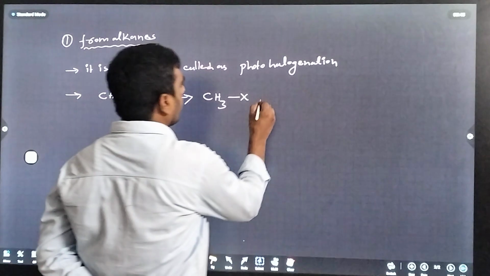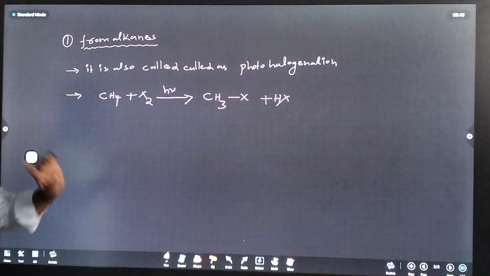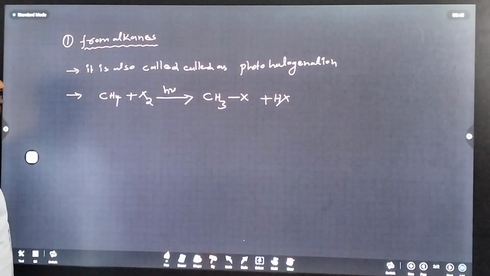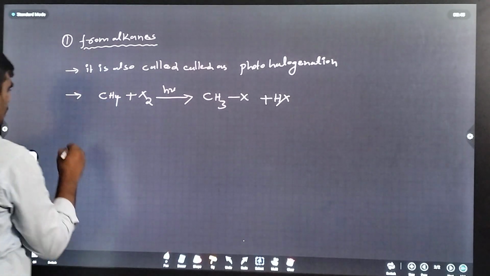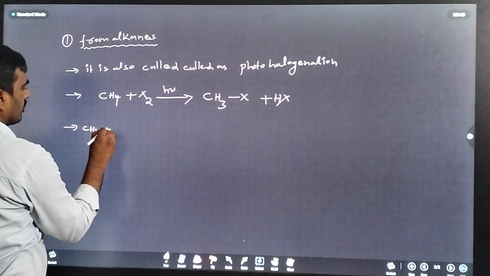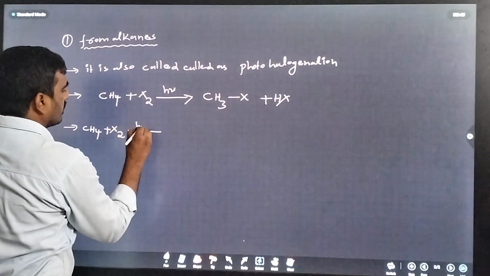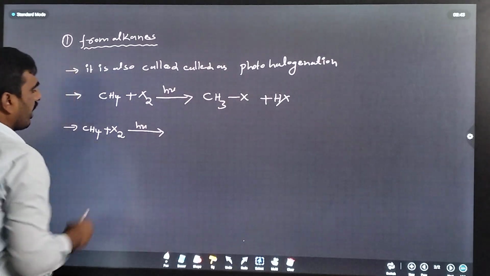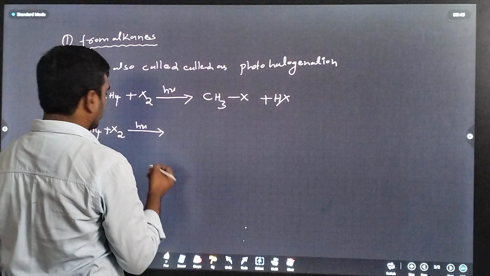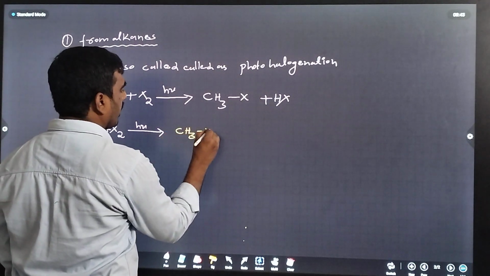Here we can take methane, so we get a methane halide. For example, CH4 reacts with X2 in sunlight. One hydrogen atom is replaced by a halogen atom, so we get CH3X.